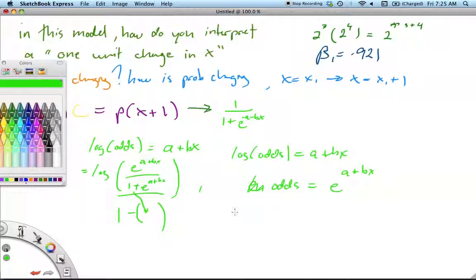This means that if we take the odds of x over here, and the odds of x plus 1 here, this would be e to the a plus bx, and this would be e to the a plus bx plus b, which is the same as e to the b.